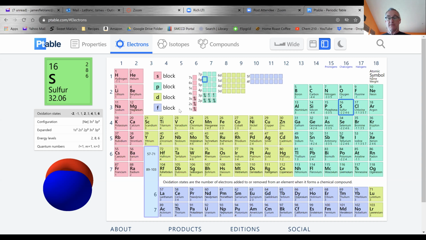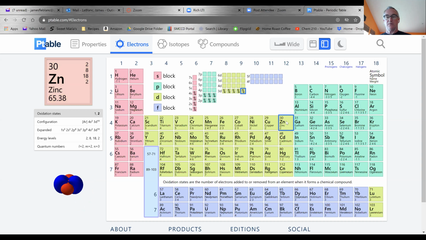Like for instance, cobalt can be +1 or +2. Copper can be +1 or +2. Iron can be +2 or +3. The only metals that aren't different is aluminum is always +3, zinc is always +2, and silver is always +1.